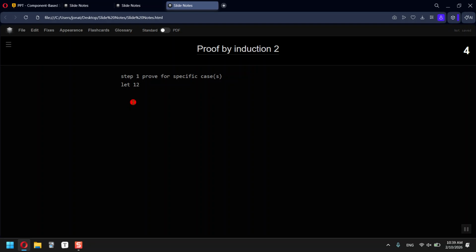Okay, so the point of this is that any integer greater or equal to 12 can be made up using fours and fives.